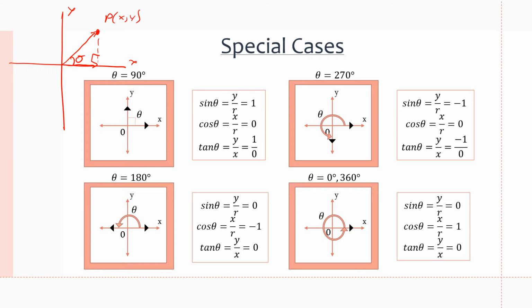So that's why our x, this value of the length of the triangle, is going to be 0, because as this angle increases, this side is going to contract until it hits 0, until we hit the y-axis.